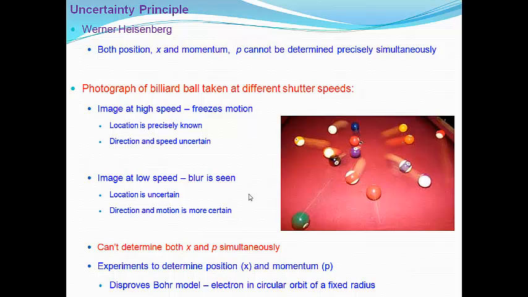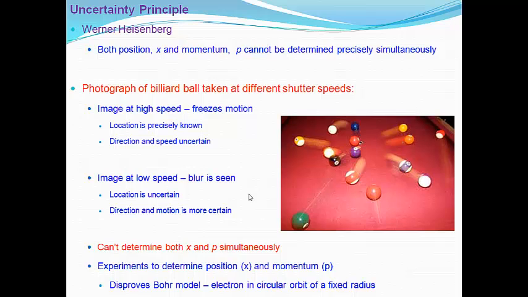And this idea of precision is very important, because yes, we might be able to predict or determine the location of the electron, but how accurately, how precisely can we do that? And this idea of the uncertainty in describing the position of the electron was proposed by Werner Heisenberg.